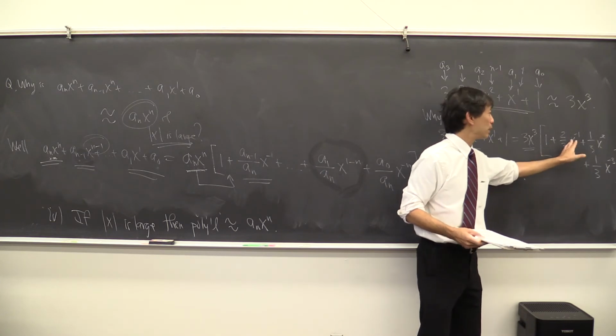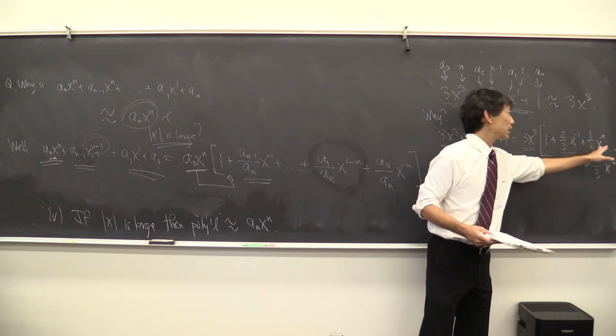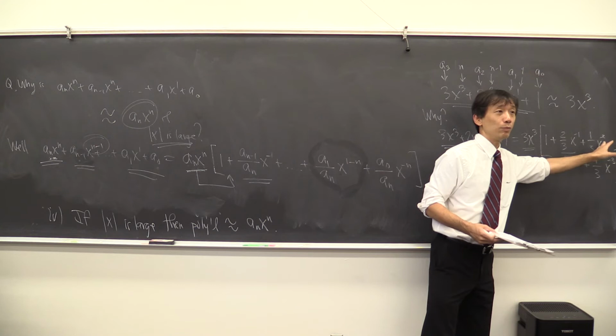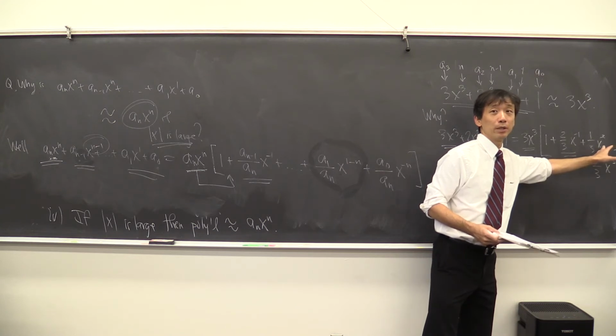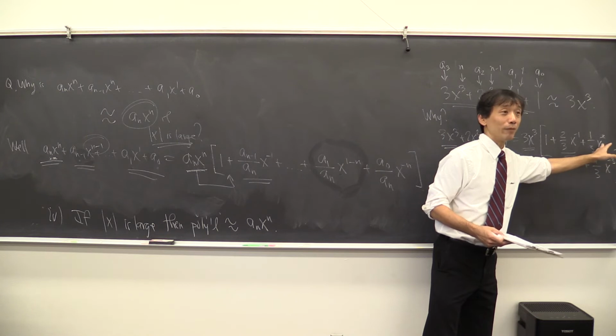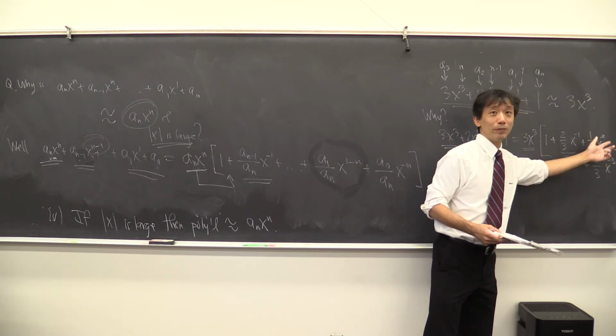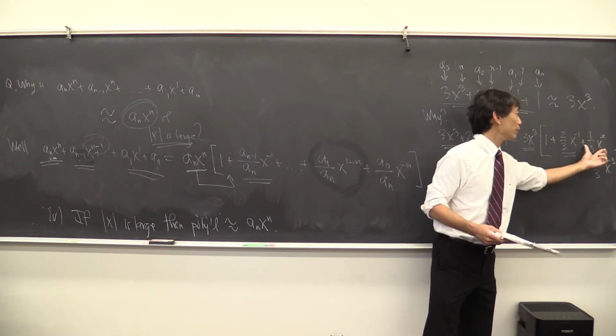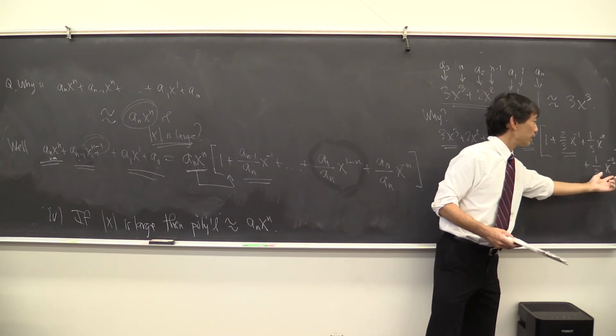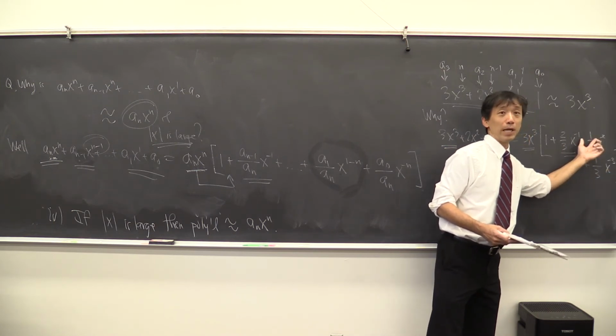As x gets huge, that's going to go to 0. What's going to happen to x to the minus 2? That's 1 over x squared. It'll also get really small, even faster. It's going to go to 0 even faster than this guy, and this guy will go to 0 even faster than that guy.